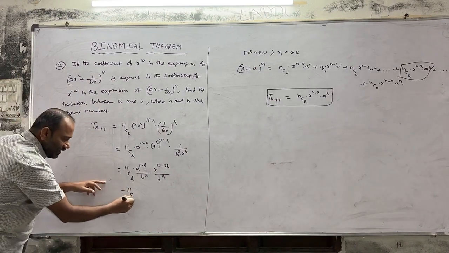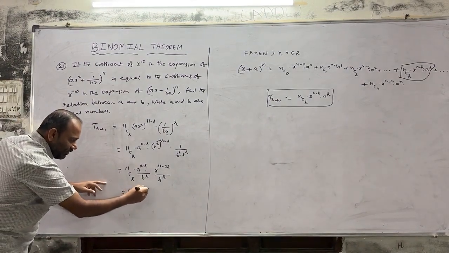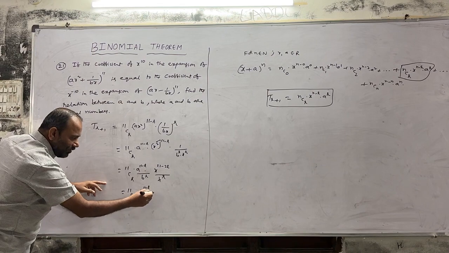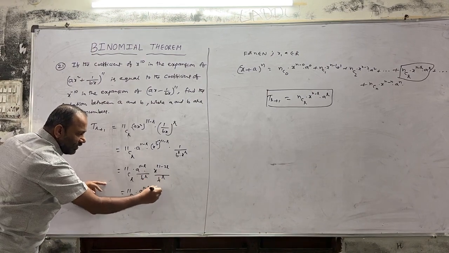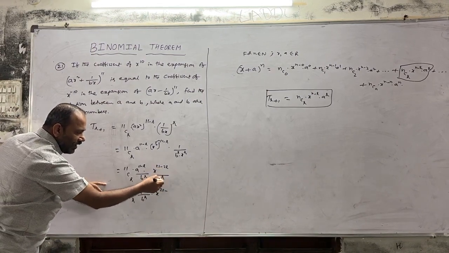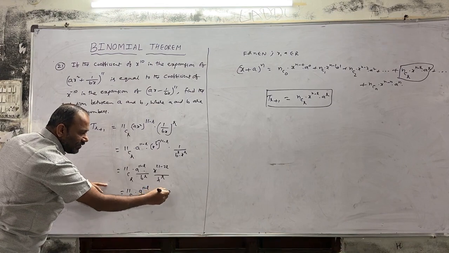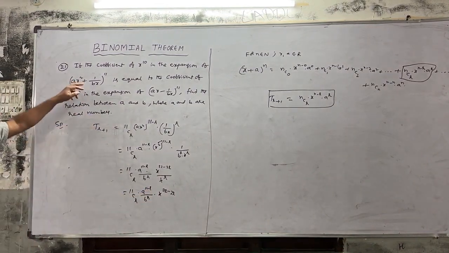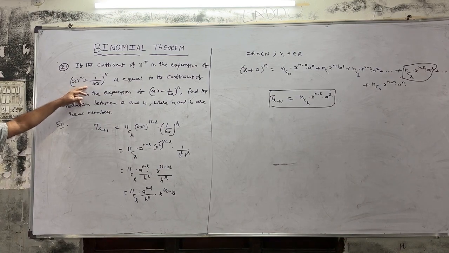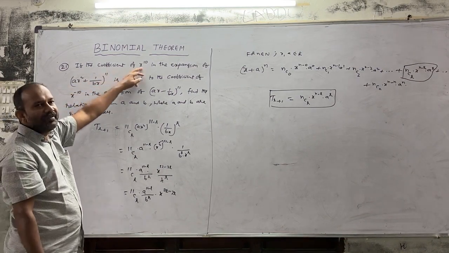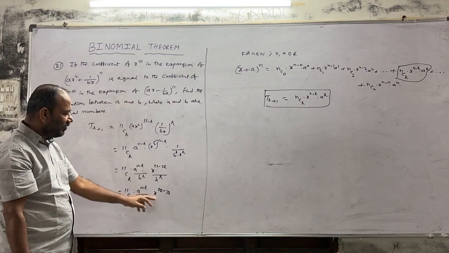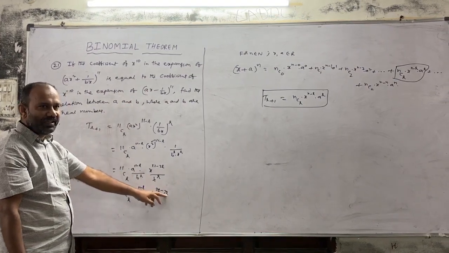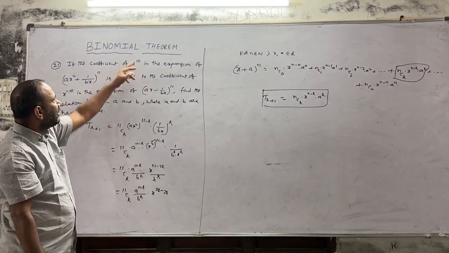So here it is 11Cr, a^(11-r) divided by b^r, x^(22-2r), r was in the numerator minus r, 22 minus 3r. This is the (r+1)th term in the first binomial expansion, but in this we need the coefficient of x^10. Here x^(22-3r). So equate the x power to 10.